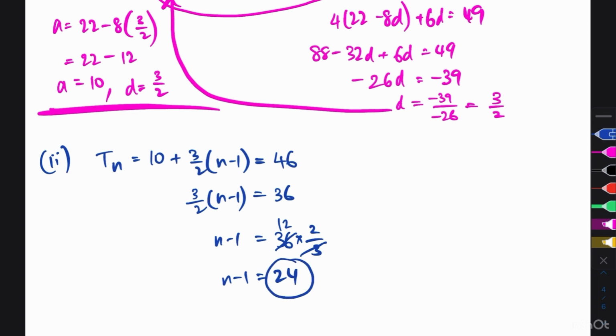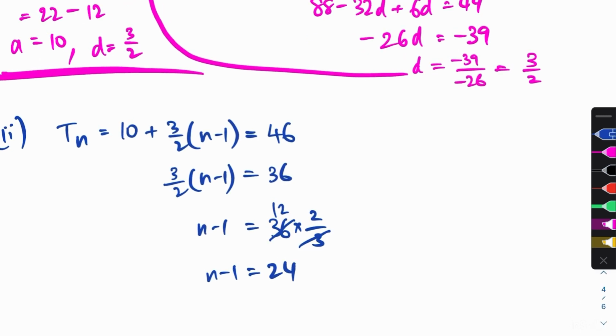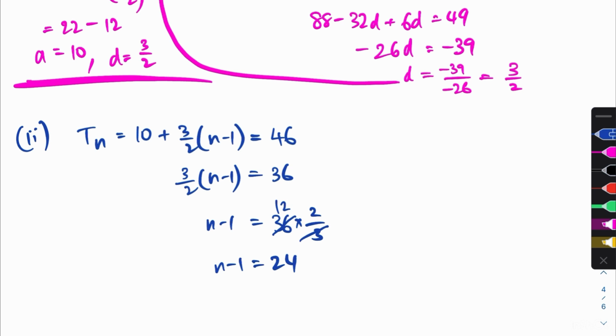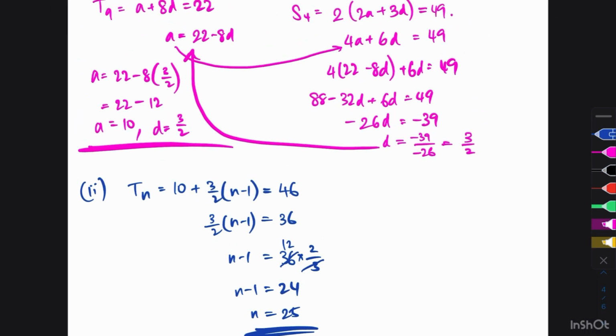You can also get this by typing this into your calculator if you don't know how to do that in your head. Or if you want me to do a separate video on it, just let me know. And n equals 25. All done with question 3.